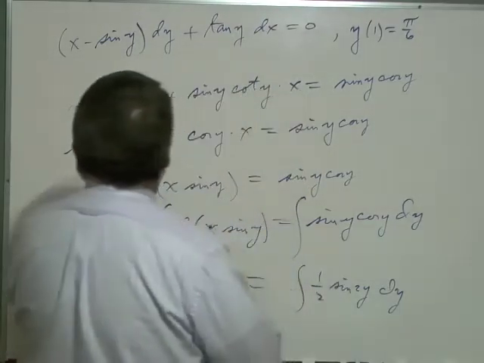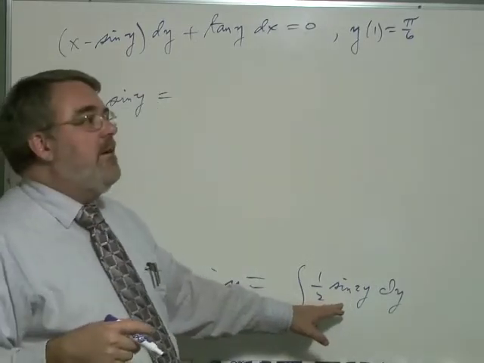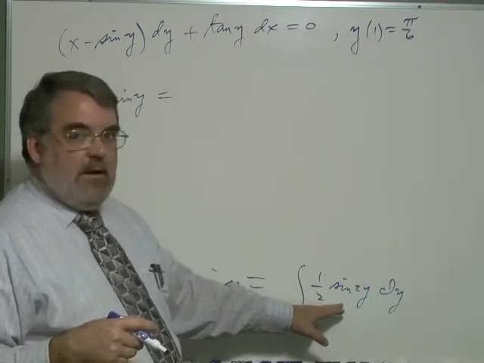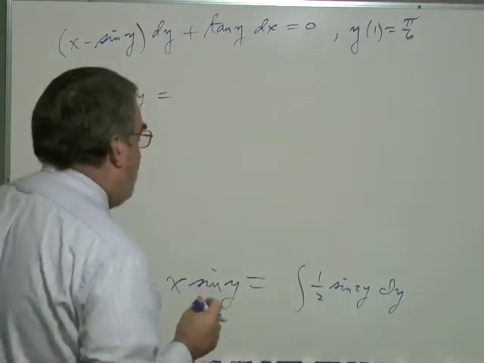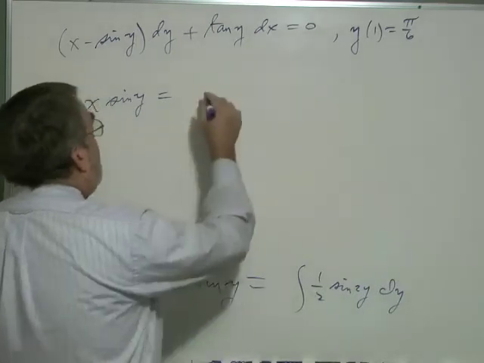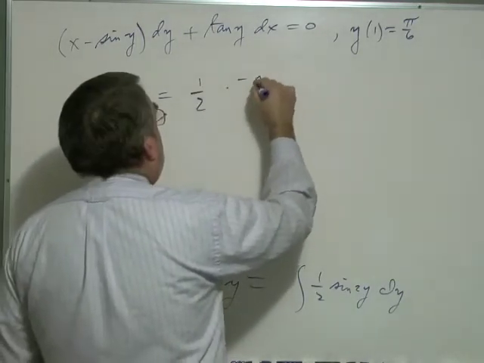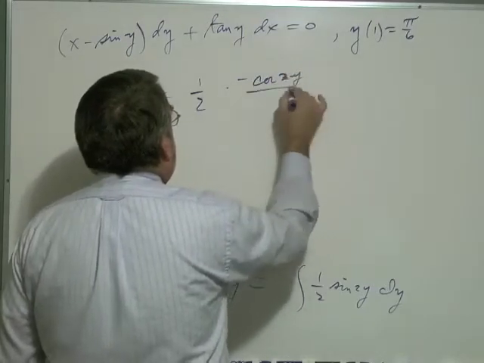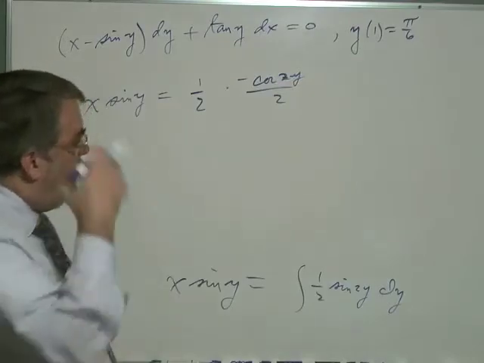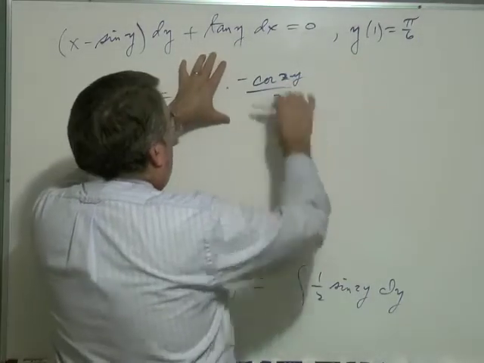So what would that integrate to? If we integrate sine, we get negative cosine, don't we? Yes, we do. We get negative cosine. So this will be 1/2 times negative cosine 2y, but we're also going to be divided by 2. So let me go through that kind of in your head. If you look at this right here, ignore the 1/2.